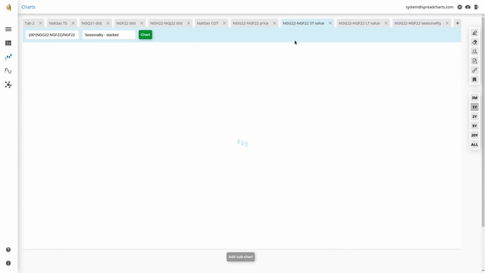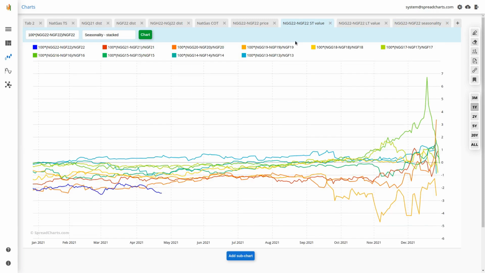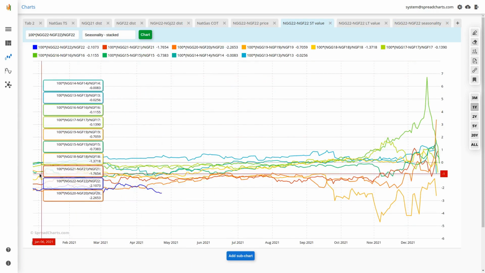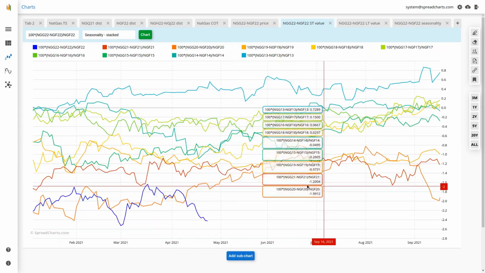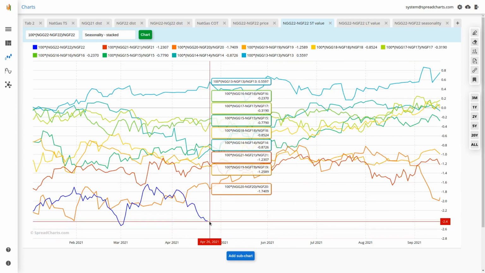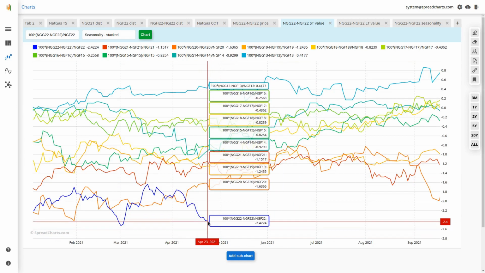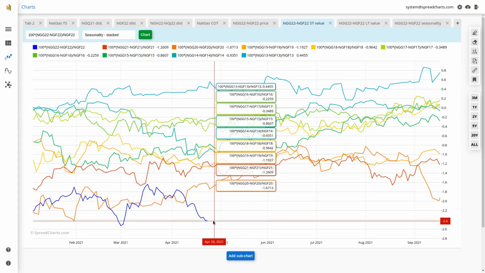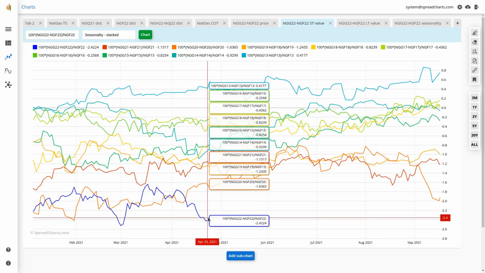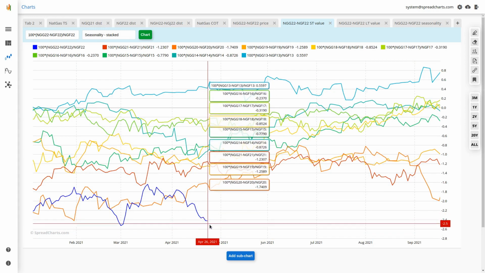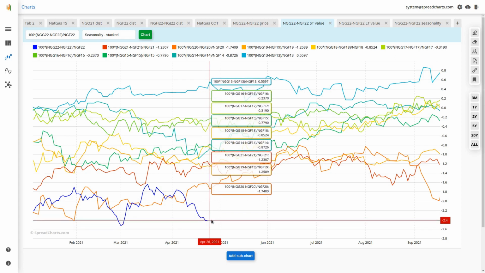The valuation of the spread is simply great because when you take a look at the spread expressed in contango percentage, which is the best way to analyze the valuation of any spread, you can see that it's very cheap.